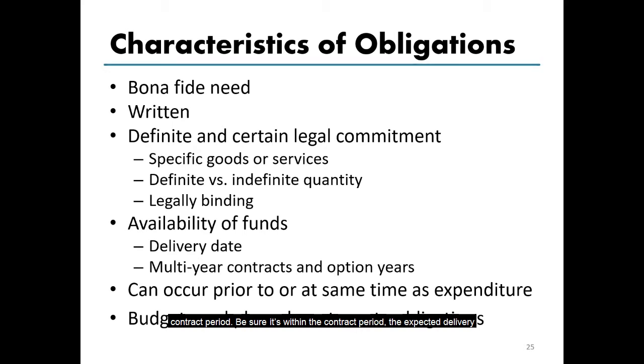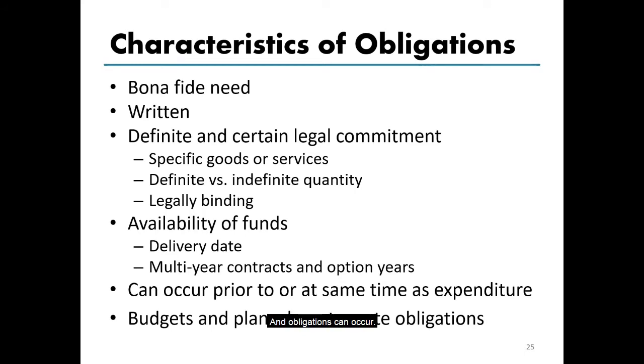And if you have multi-year contracts and contracts with option years with other entities, then you should only obligate the goods and services that you expect to receive within the contract period that you have with TWC, and not the future years until such time as you actually get an extension of your contract. That's important to know with respect to how you recognize obligations.